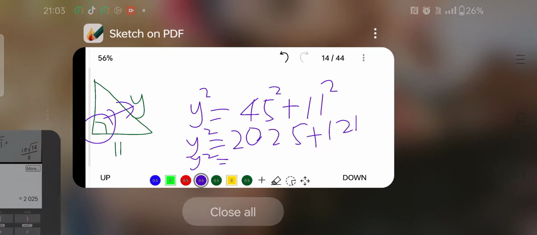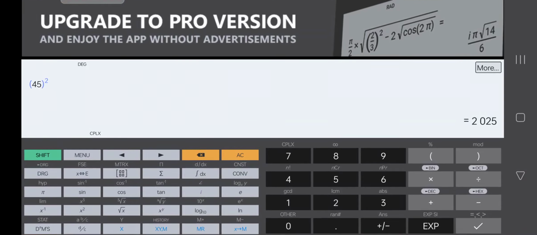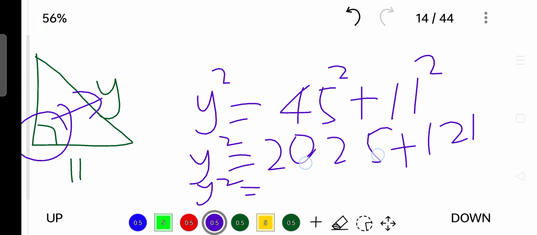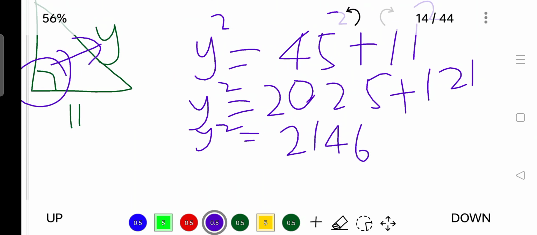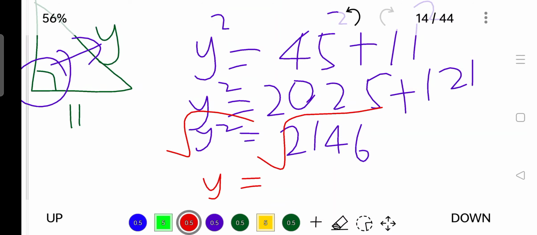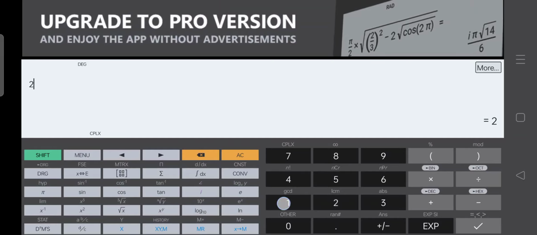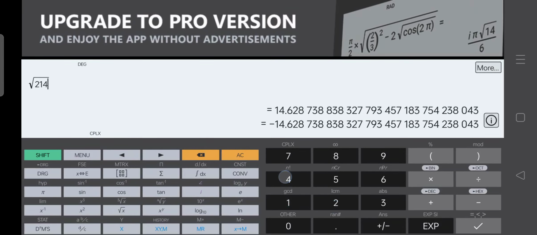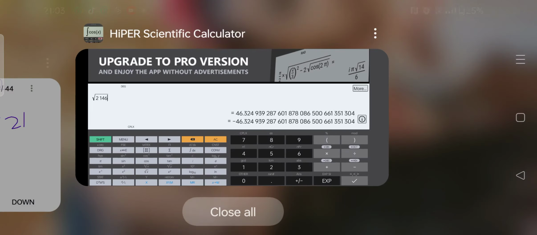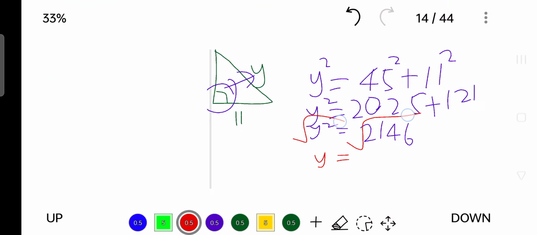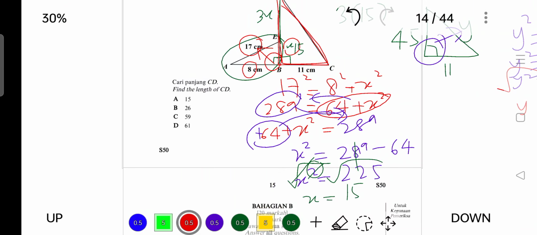What is the answer for 2025 plus 121? 2146. I don't want this square, so I take the square root of 2146. Wow, it is 46.324 something.